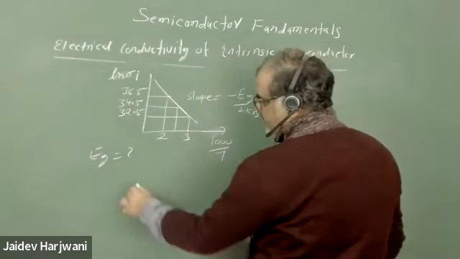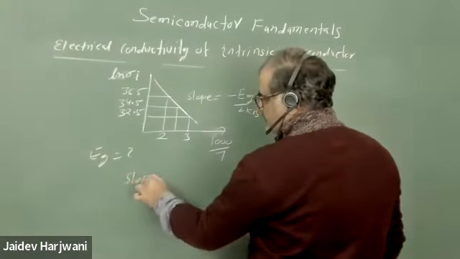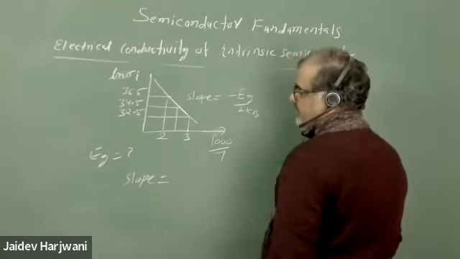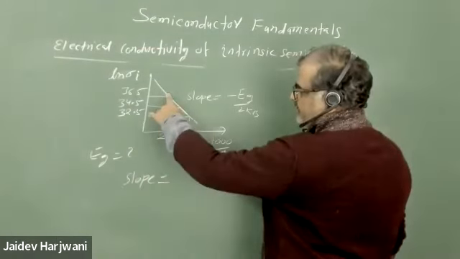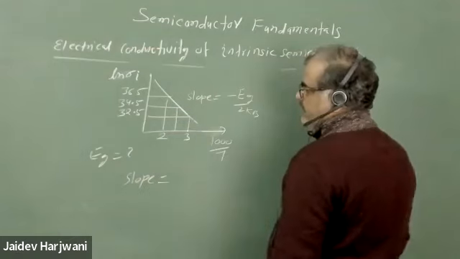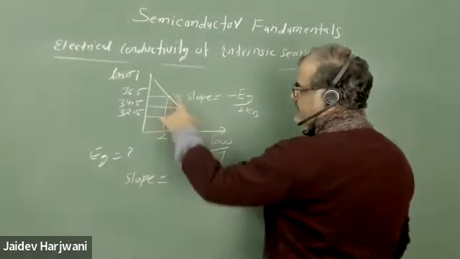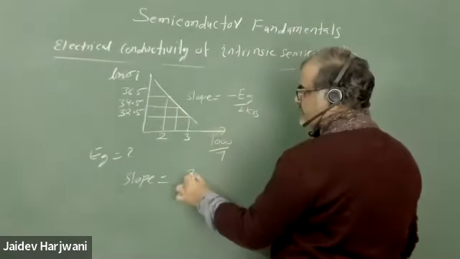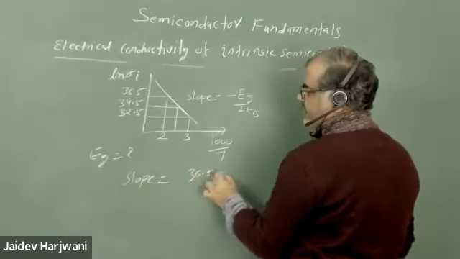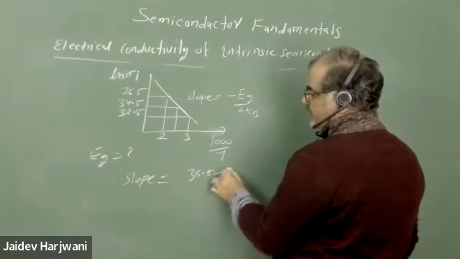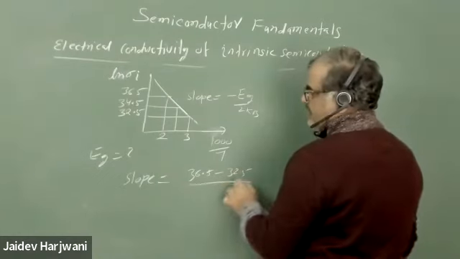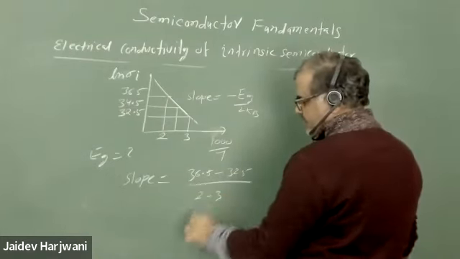Let me first calculate the slope. Slope is y2 minus y1 over x2 minus x1, that is 36.5 minus 32.5 over 2 minus 3.